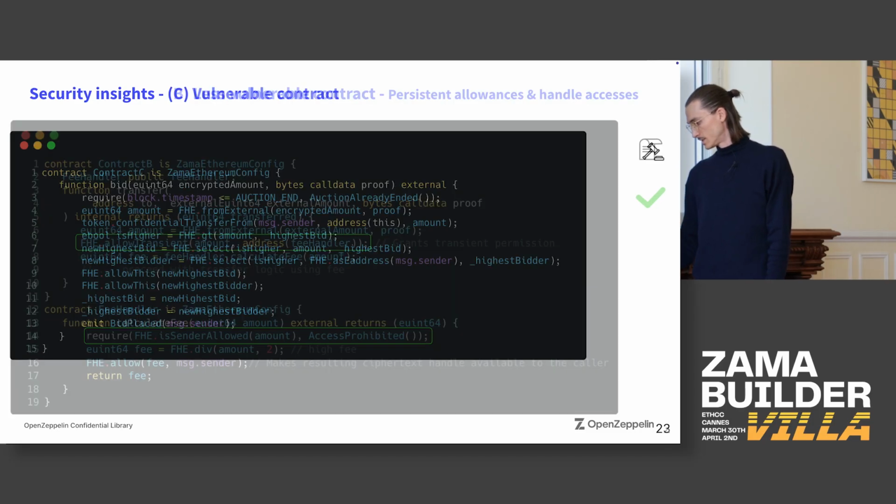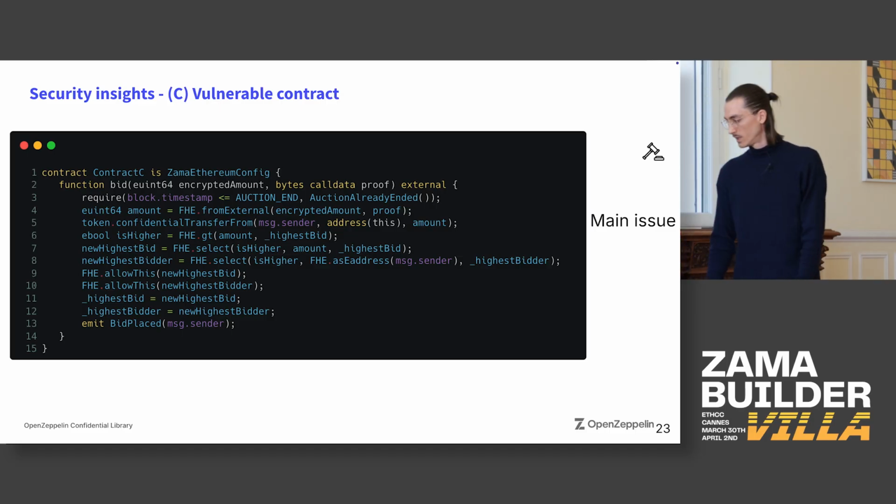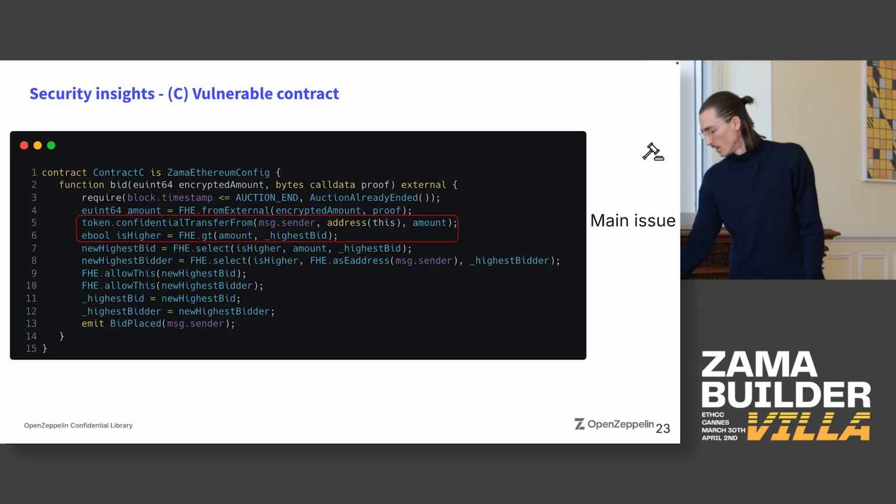Let's see a last example. Here we have an auction contract. On this auction contract, you could bid. When you bid, some confidential tokens are transferred. If the bid is the highest one, you are registered as the highest bidder. So it makes sense.